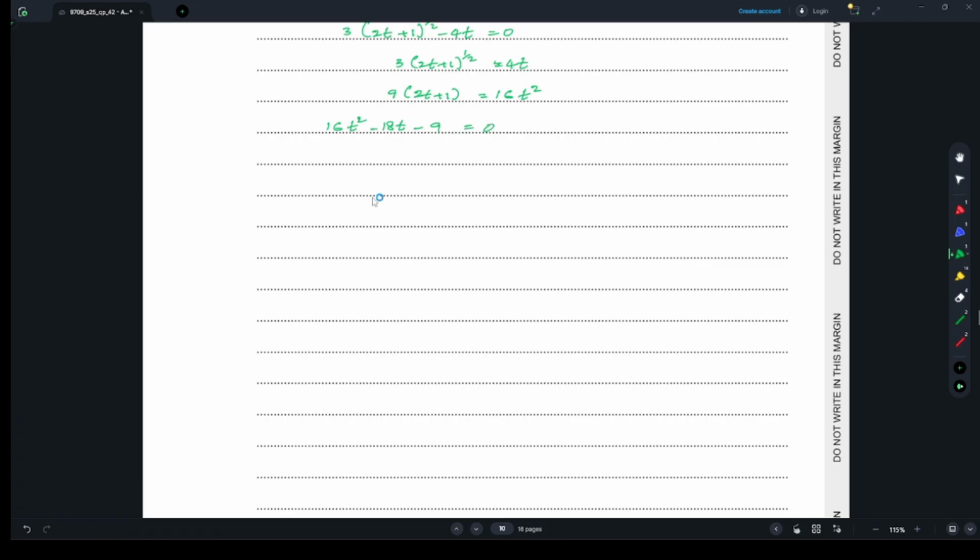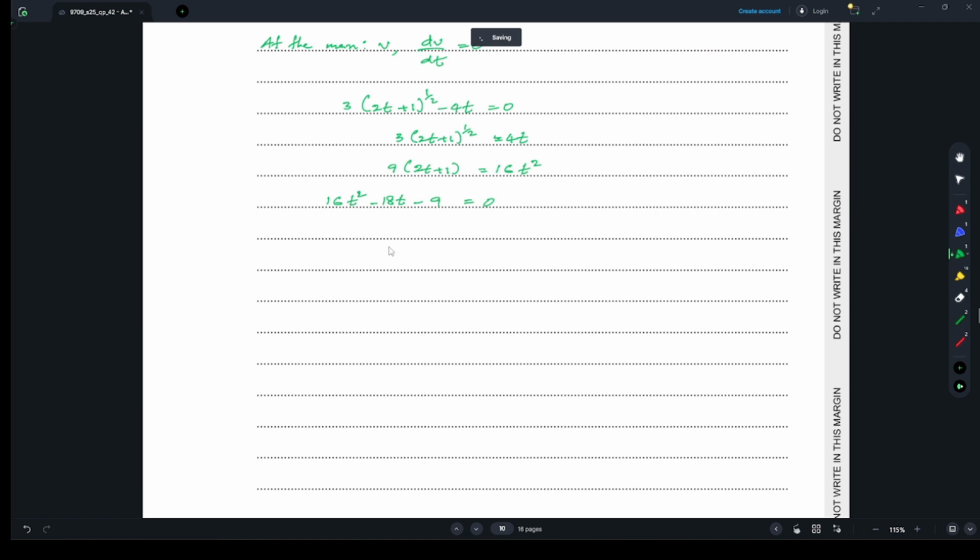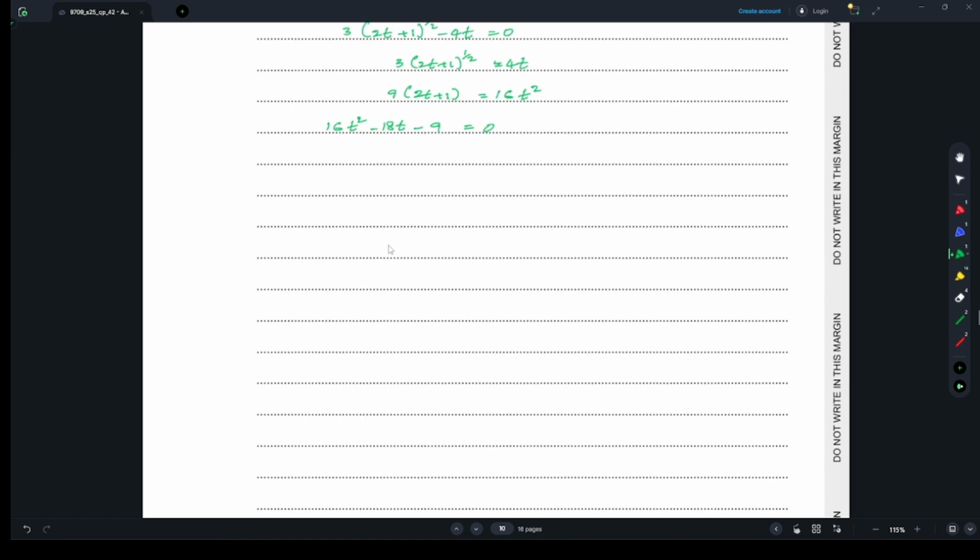Again, it's a quadratic equation, so you can apply the formula or you can factorize it. In this case, I'm going to factorize. It's a quadratic equation, so we should have two factors equal to 0. So 16 I can have 1 times 16 or 2 times 8 or 4 times 4.